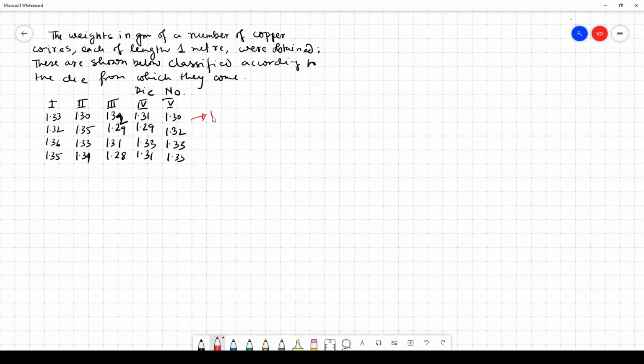So we want to find the intraclass correlation coefficient. All right.